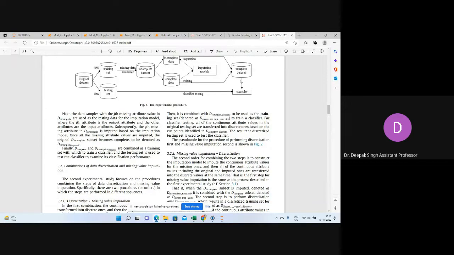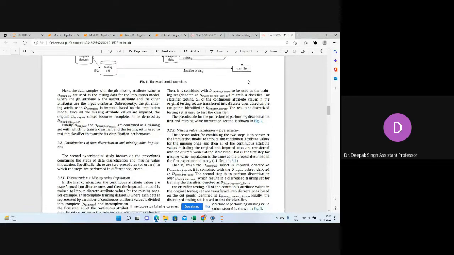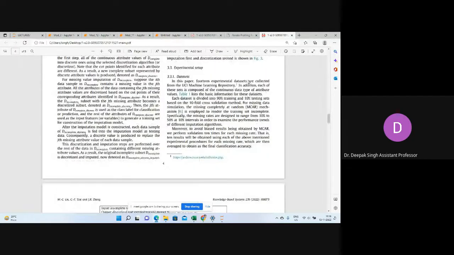But ultimately, once the data set is created, that data set needs to be again evaluated on some classifiers. They have used SVM for that. Okay, SVM is used. I'll show you how.